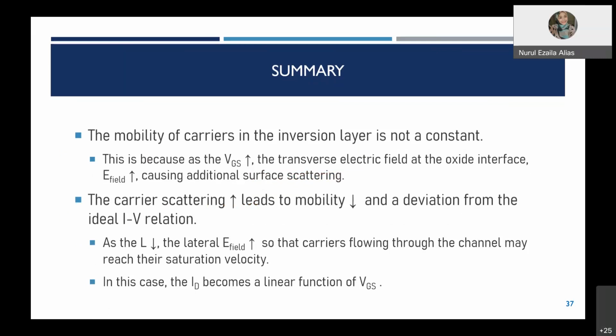The mobility performance degrades due to the applied VGS and also the electric field. The surface scattering effect increasing leads to degradation in mobility. When L is reduced, the lateral effect also increases, so the carriers flowing through the channel may reach saturation velocity.